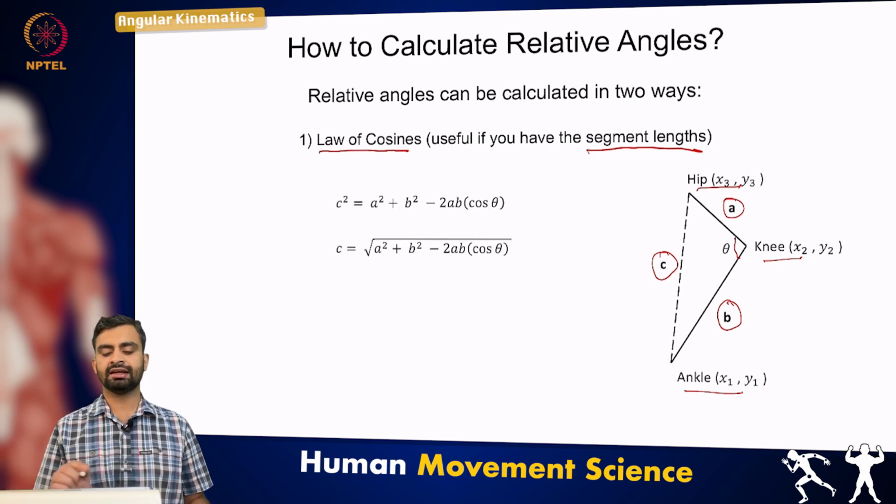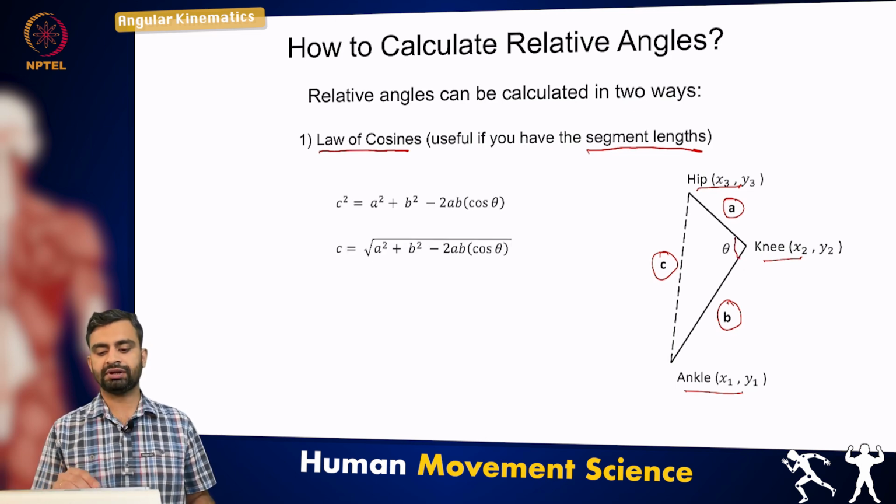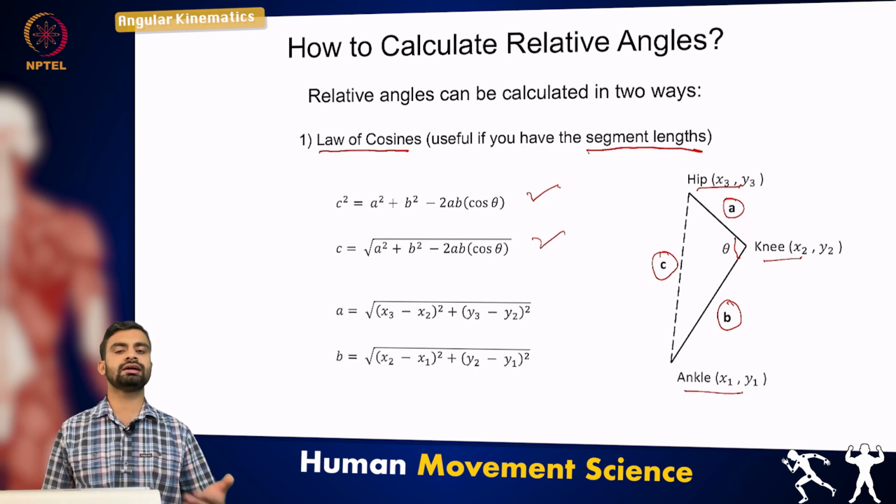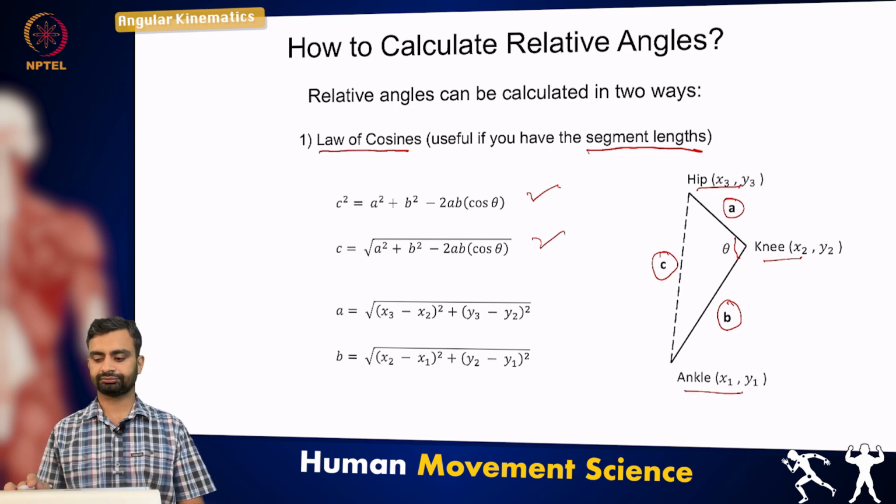How do we calculate it? The relationship between A, B and C and angle theta is given by this equation using law of cosines, and the values of A and B can be calculated using similar right angle triangle principles.